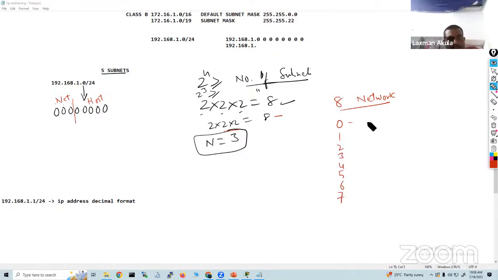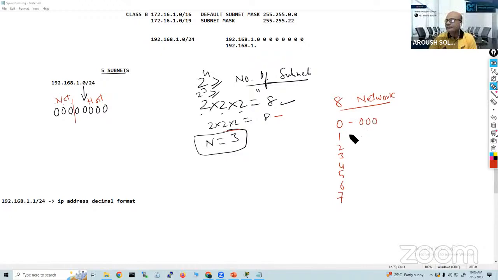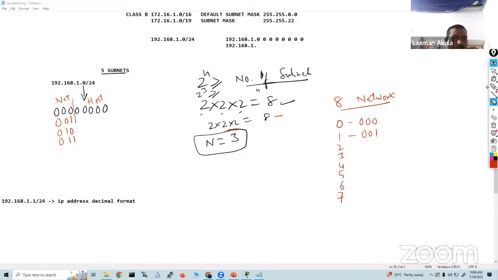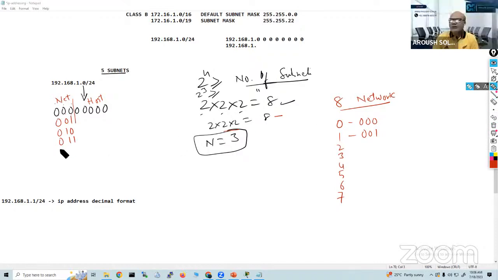The 8 networks start from 0, 1, 2, 3, 4, 5, 6, 7. I think you know the octal values, right? Yes, sir. Same thing here. I think something is missing. Let me write it down: 0 0 0, 0 0 1, 0 1 0, 0 1 1, 1 0 0, 1 0 1, 1 1 0, 1 1 1.